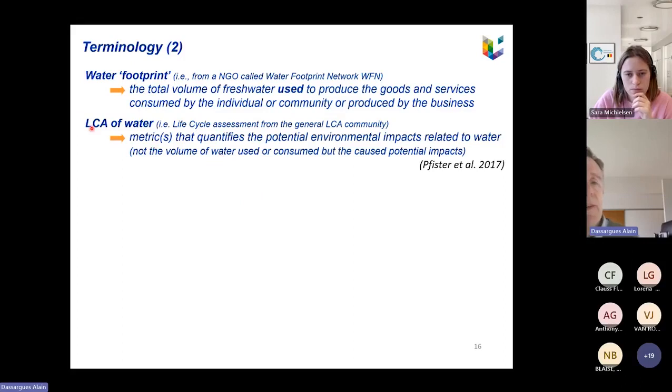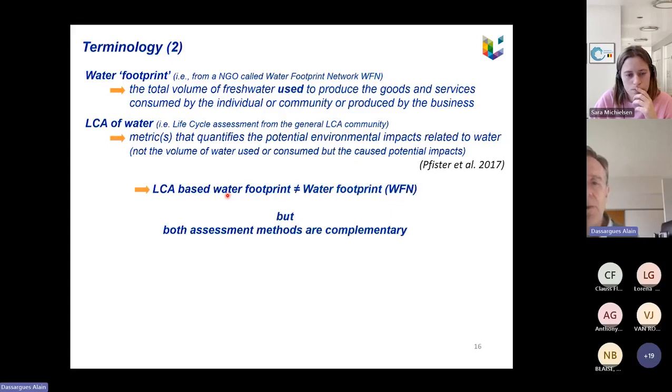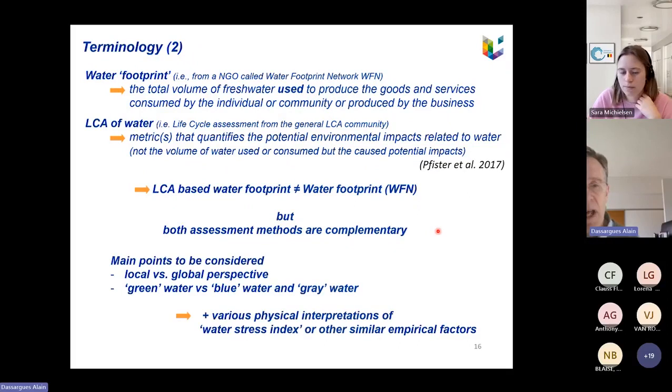So it is a quite different approach. If you have a water footprint estimated by this life cycle assessment, or a water footprint expressed in terms of the definition above, they are two different definitions, but of course they can be considered as complementary.